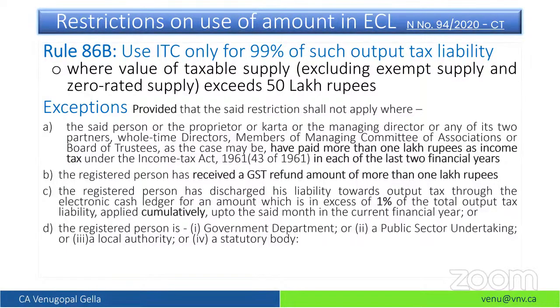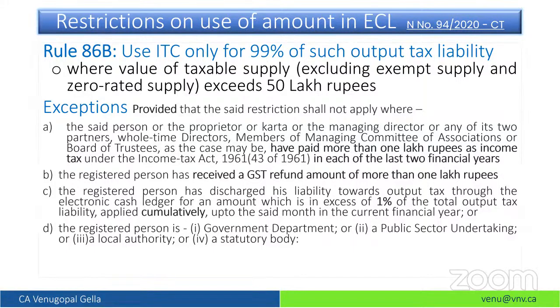There are exceptions to it. The exception is, I have to see on a YTD basis, not month over month. Maybe in the current month I have substantially heavy purchases and I have a credit, but at least on a YTD basis you have to do it. Another exception is if you're in an inverted duty structure, so you are always making procurements at 18% while the outward liability is at 5%.